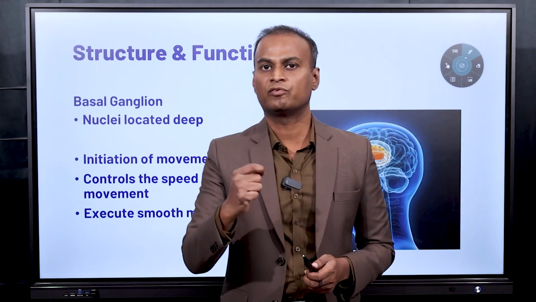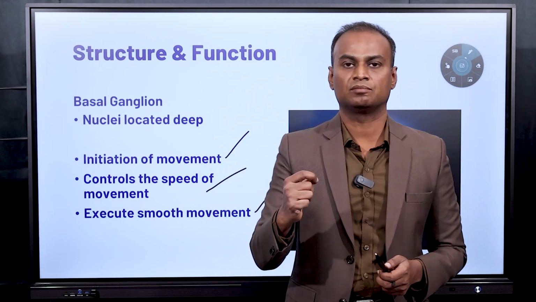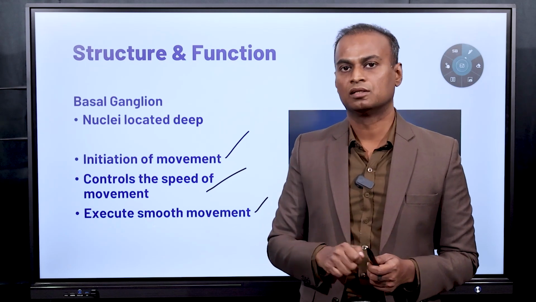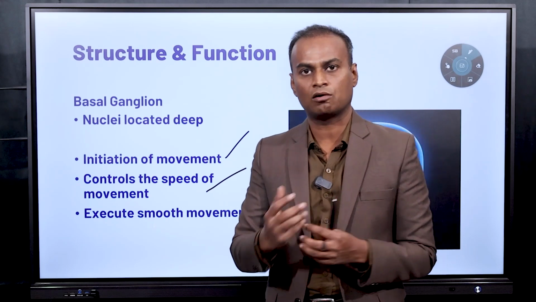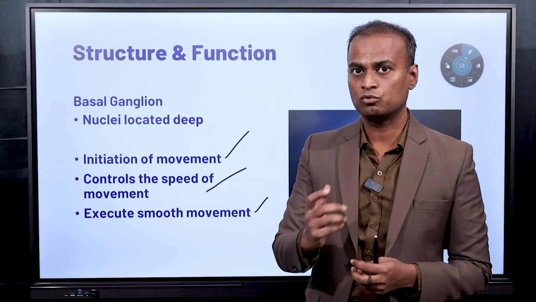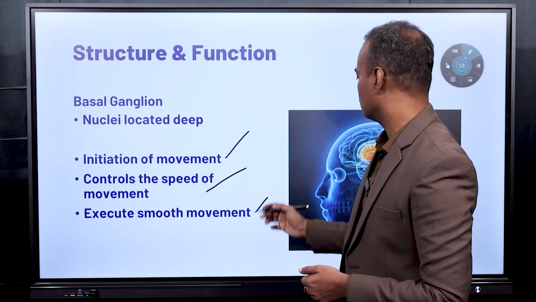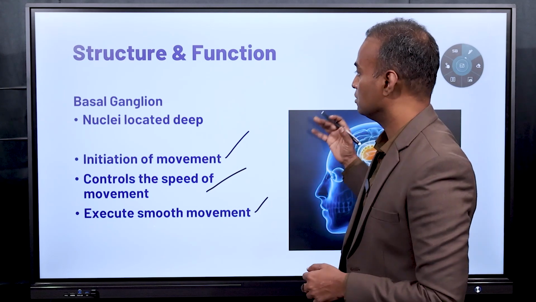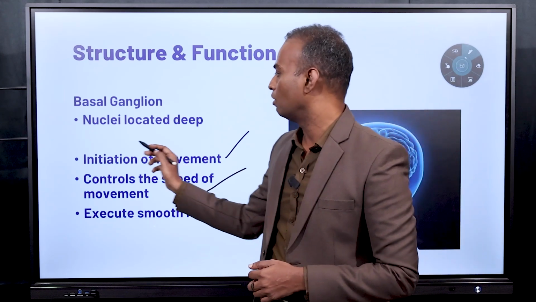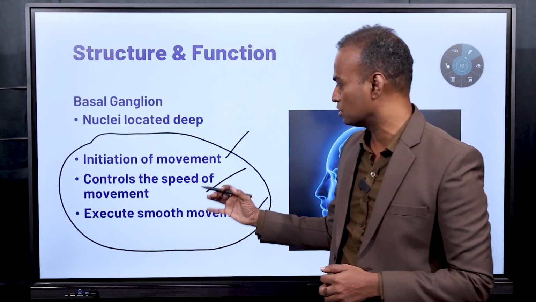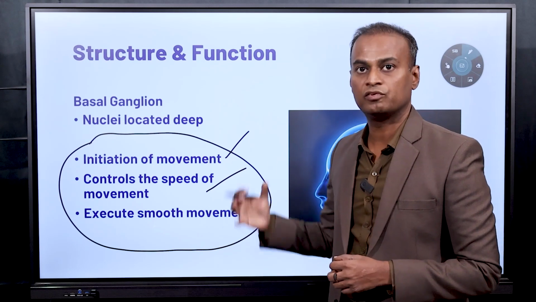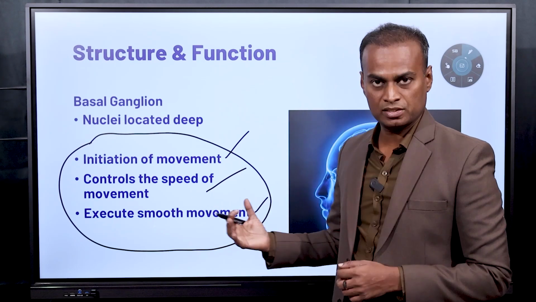If I am doing fine art, like painting something, or doing something with my fingers that is very fine, those fine movements are coordinated because of this basal ganglia. When there is damage to this basal ganglia, initiation of the movements, control of the speed of the movements, and also execution of smooth movements will be lost.